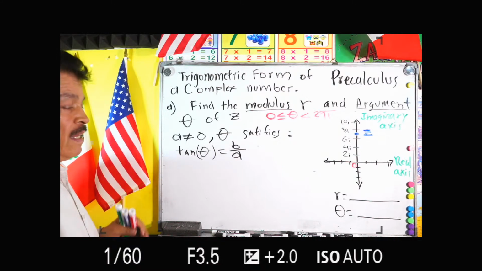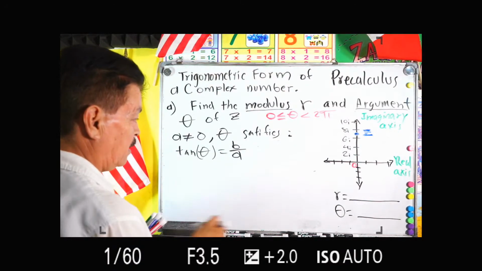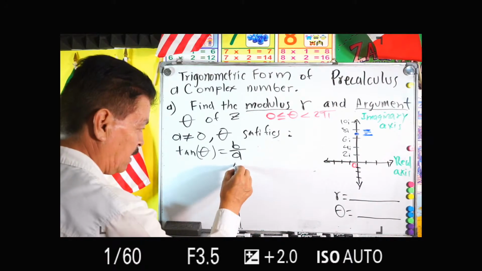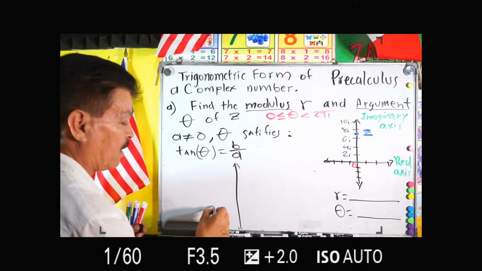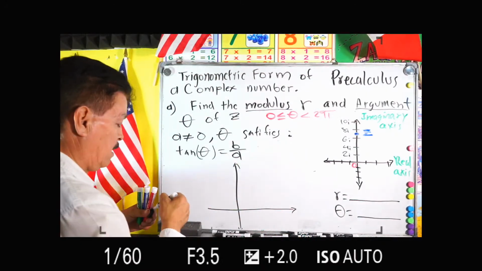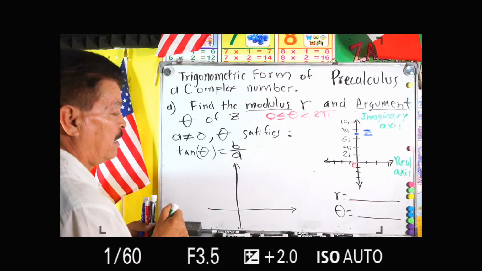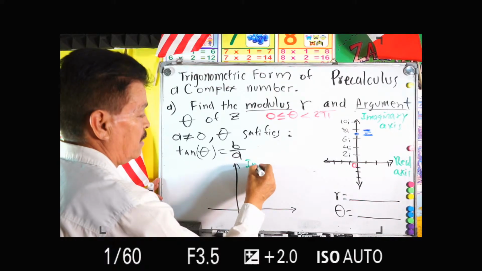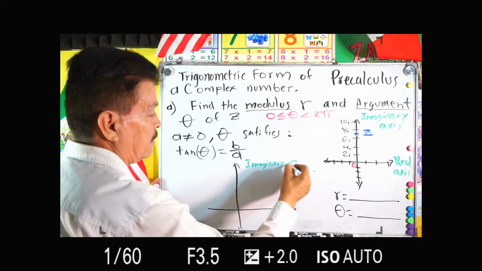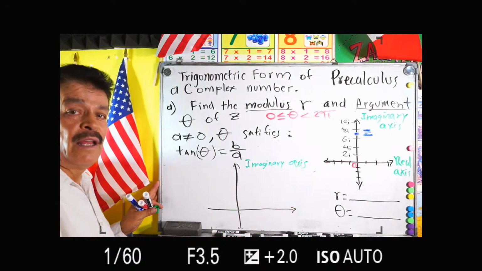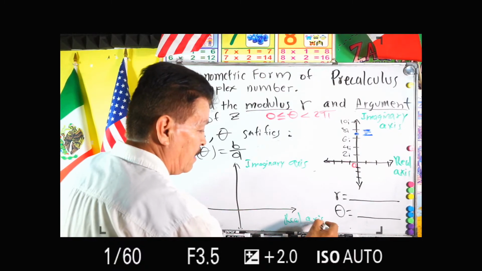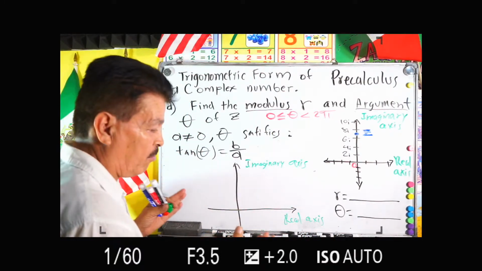Let me show you in the graph. It's easier when you have a graph. Here is the imaginary axis, and this is the real axis. I'm explaining the main idea of my class today.